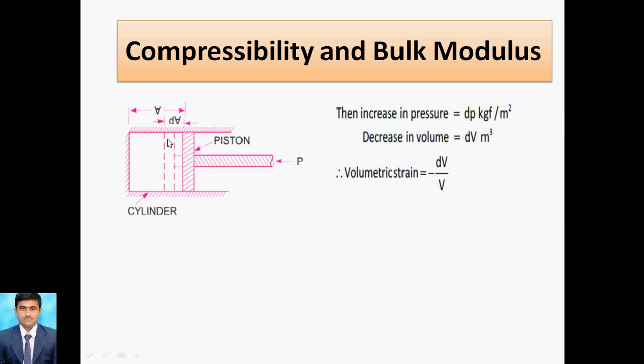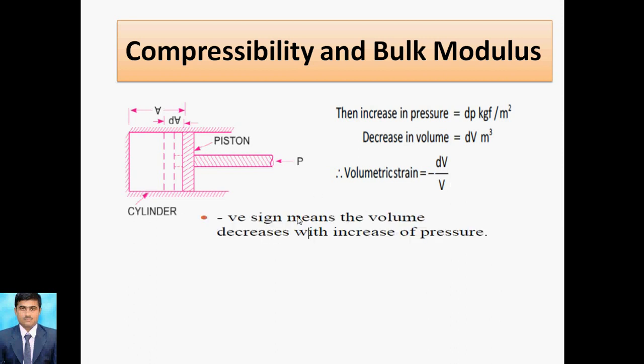The decrease in volume is dV. Volumetric strain means change in volume divided by original volume, so the change in volume is dV and the original volume is V.